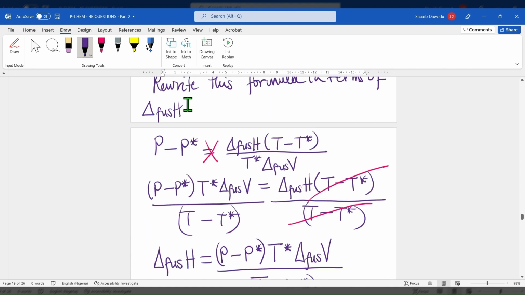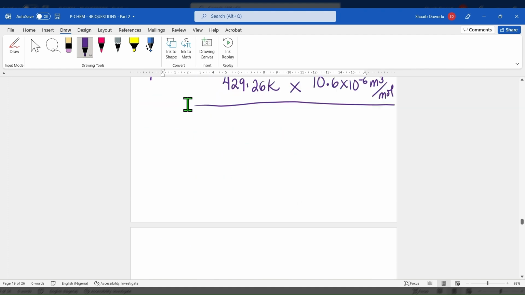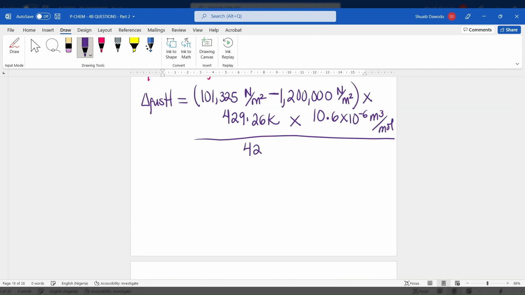We know our regular temperature T is 427.15 Kelvin, minus T star, which is 429.26 Kelvin. Now we work on using our calculator.